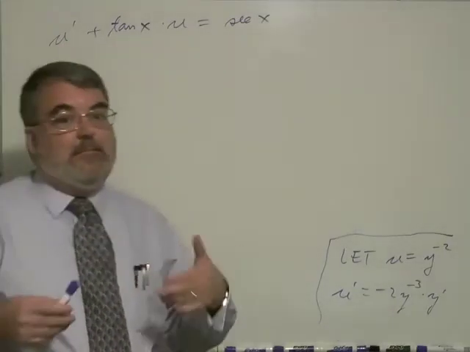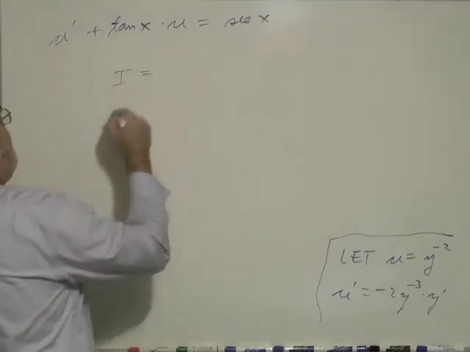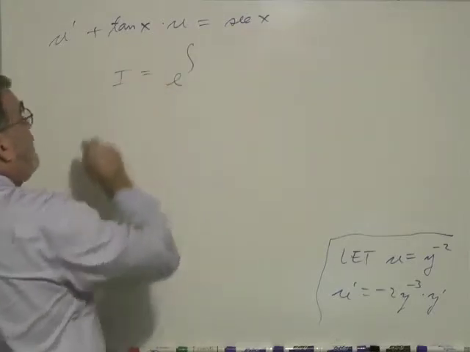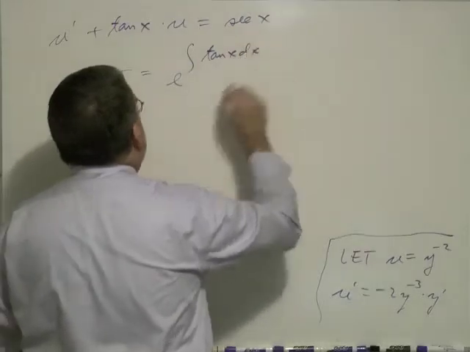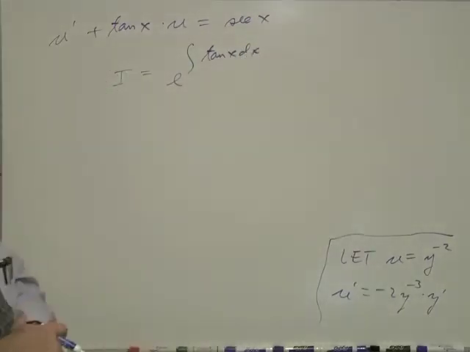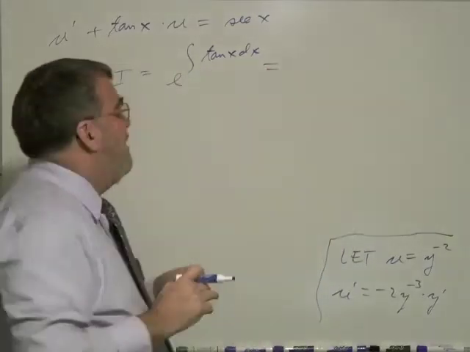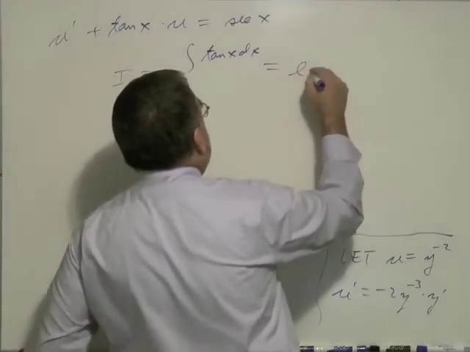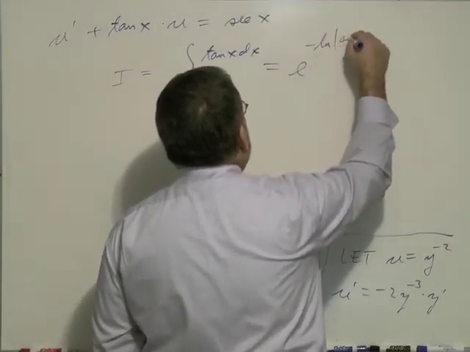And that's in the form for the integrating factor that I want to use. The integrating factor is e to the integral of this coefficient here, tangent x dx. And what's the integral of tangent x? Well, I looked it up. I don't have all these in my head so well, but the integral of tangent x is minus natural log of the cosine of x.